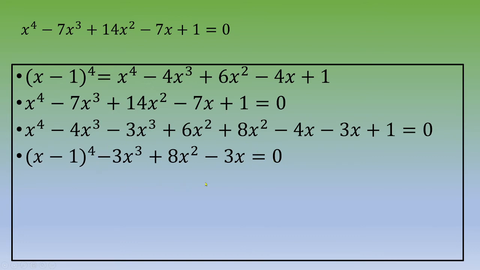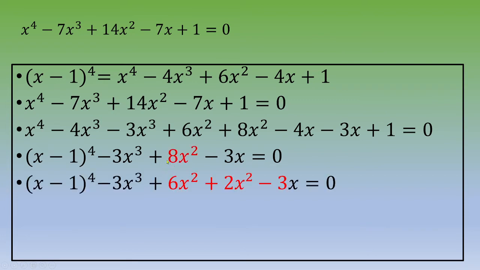Let's modify this. You've got 3 terms and 2 terms are multiples of 3x. So you can modify just a little bit this term in the middle, and 8x squared becomes 6x squared plus 2x squared.